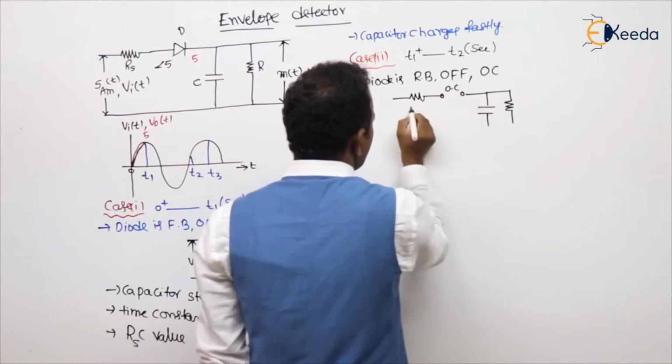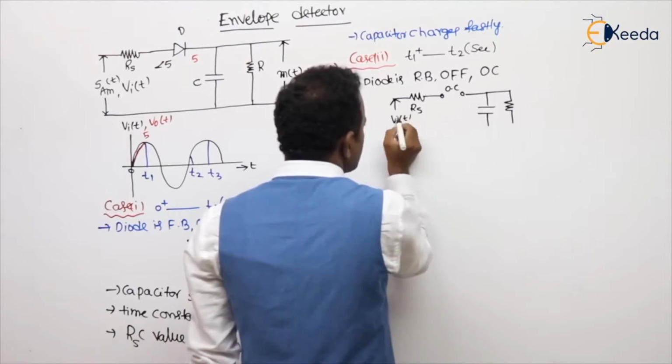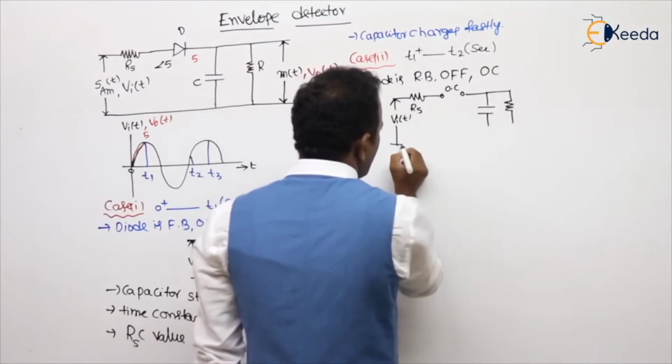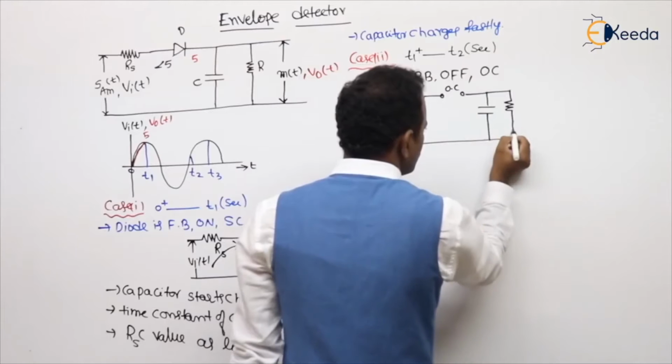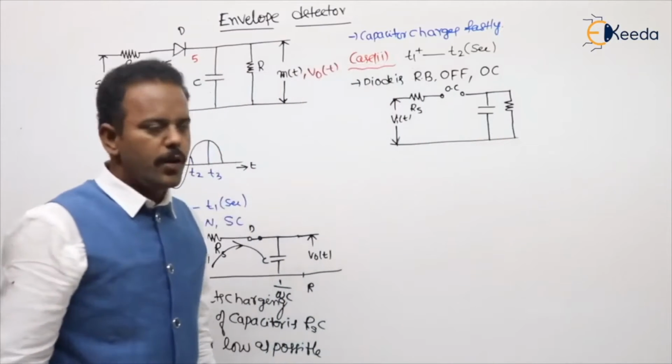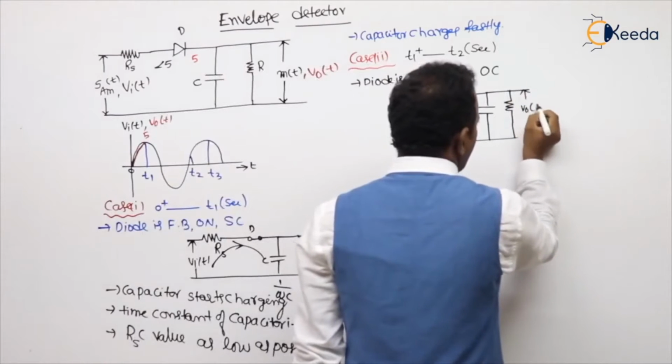The diode is an open circuit. This is RS. Here we are giving input. If it is an open circuit, nothing will reach the output side. Are you following my point? So across here we are taking the output V0.